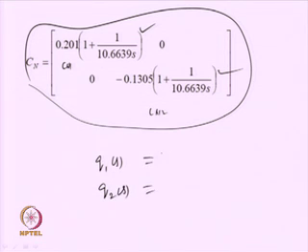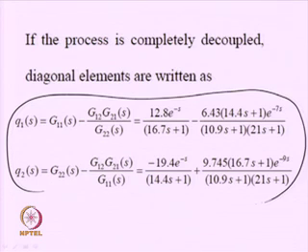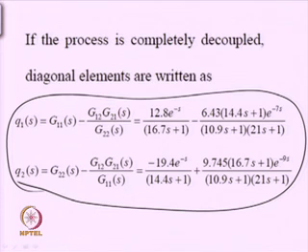We will estimate the models, and for the original process, the analysis gives us Q1 and Q2 of this form. We know that Q1 is equal to G11 minus G12 G21 upon G22, so that will result in this form, and Q2 will give this expression.